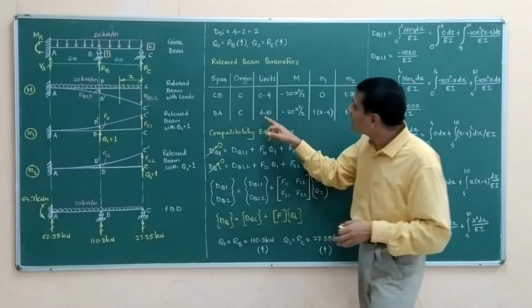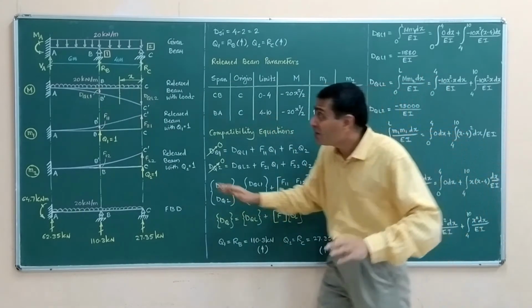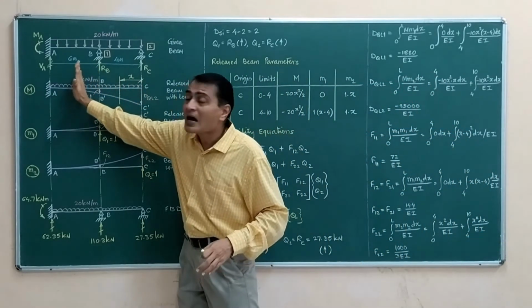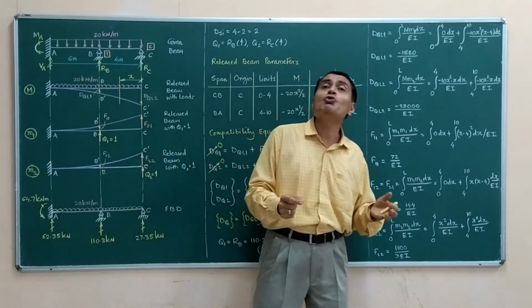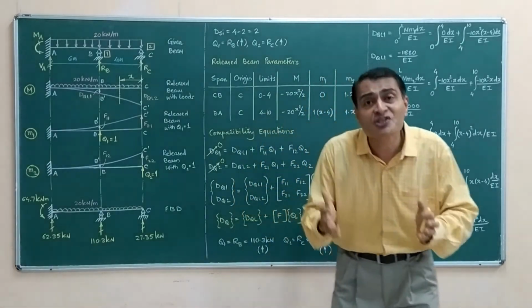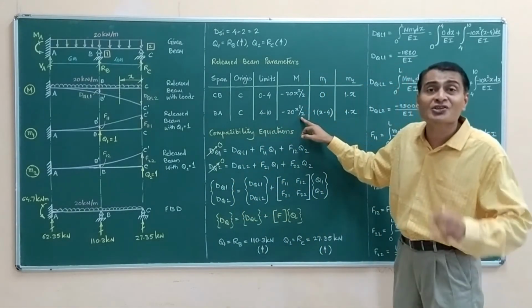So that's why I am writing limits as 4 to 10. And again, when my section is here, I am going to get the same bending moment expression, that is negative 20 into x by 2. So that is what I have written here, negative 20 x squared by 2.